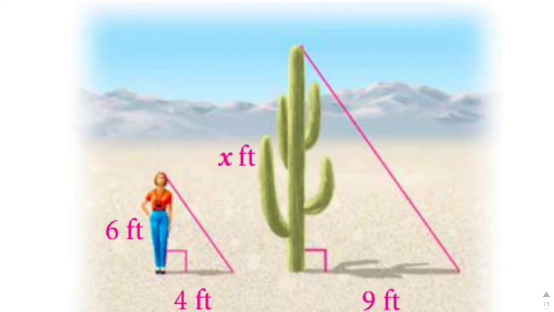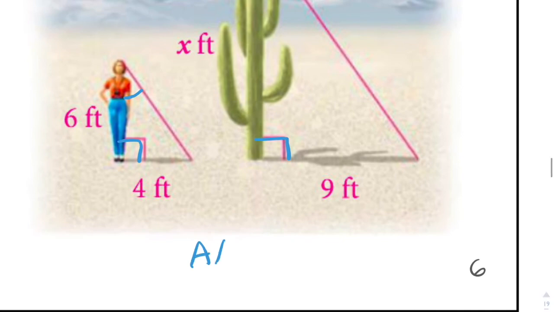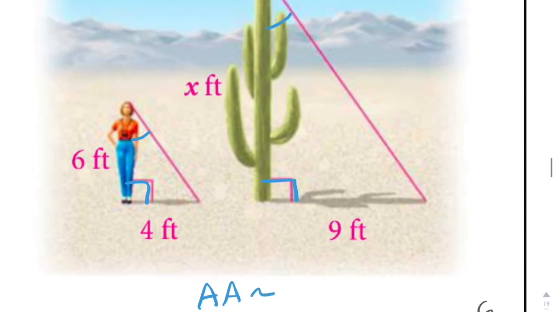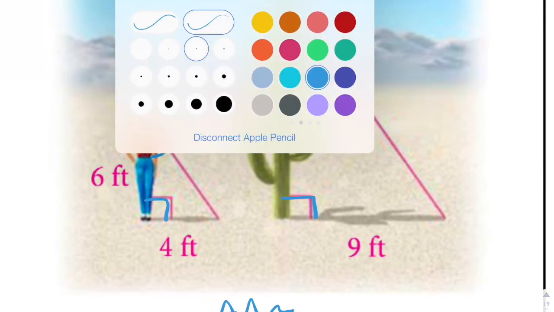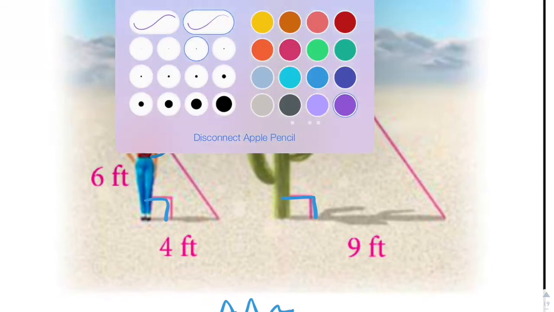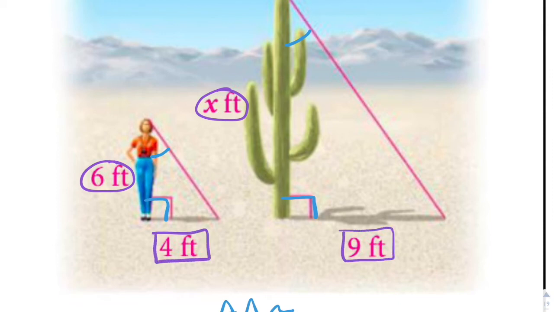Well, take a look here. We have angles that are congruent. We also have angles formed by the sun that are congruent. So here, we have the angle similarity happening right in front of our eyes. So what we can do now is create a proportion and solve for what we're looking for. 6 is to x, so the height is to the height, as the length of the shadow is to the length of the shadow.